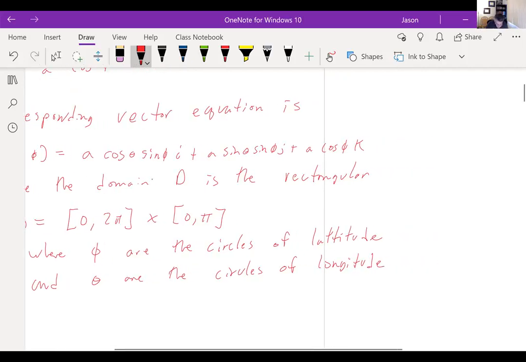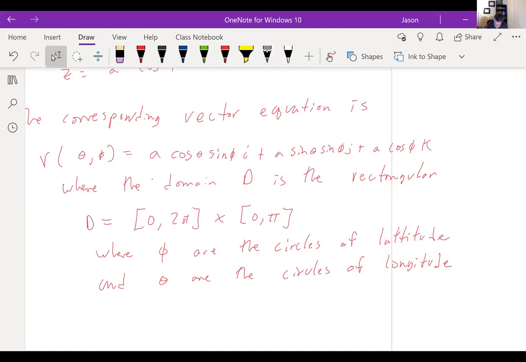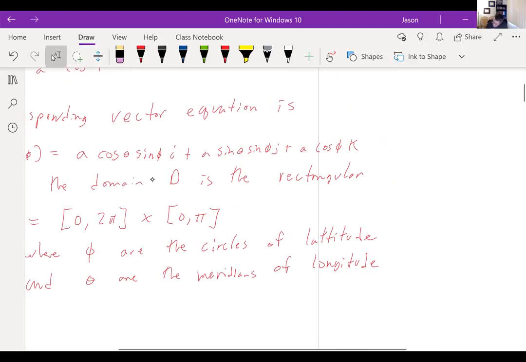Okay, or I should say the meridians of longitude. Okay, the meridians of longitude, which are great circles. These are great circles.